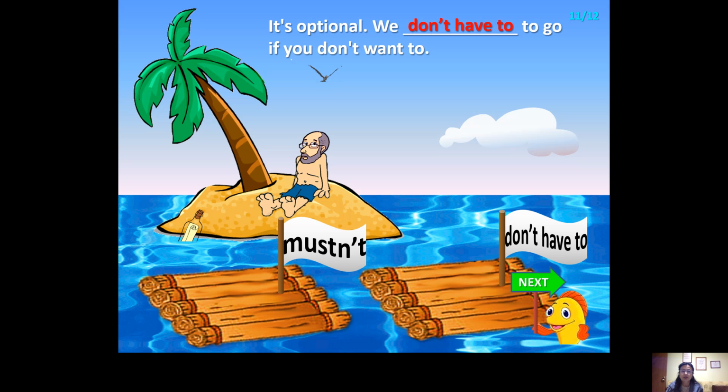It is optional. We mustn't or we don't have to go if you don't want to.